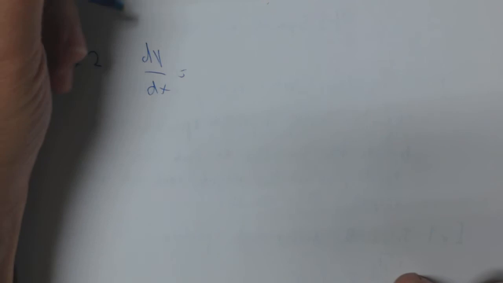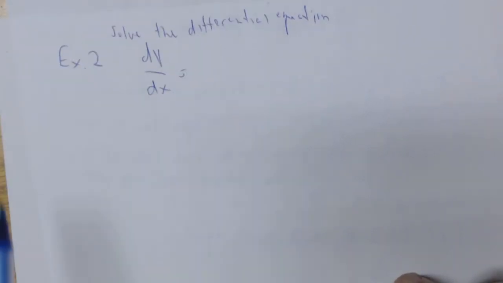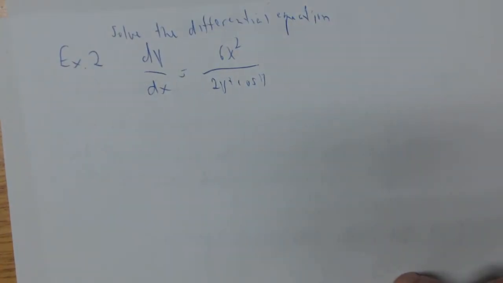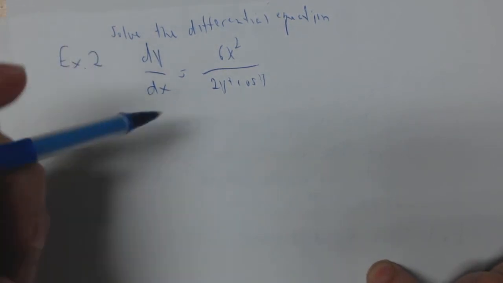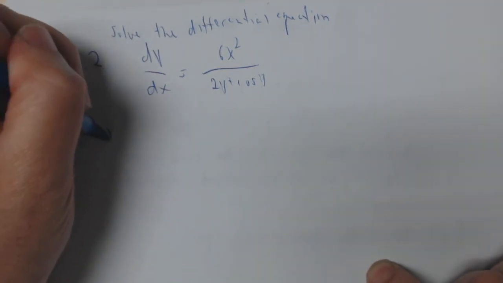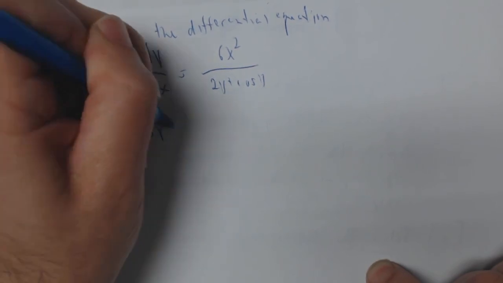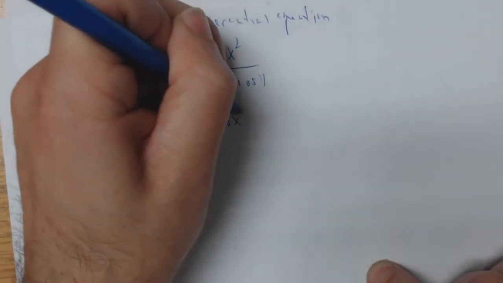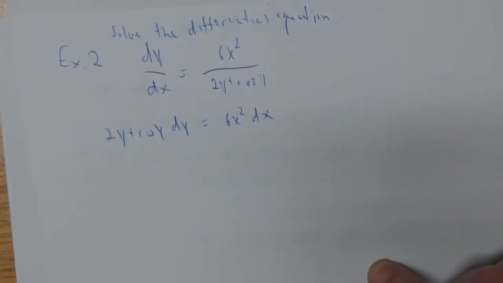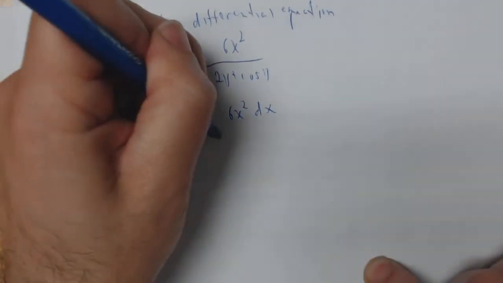So if I said solve the differential equation dy/dx equals 6x squared over 2y plus cosine of y, what we'll get here is that we'll once again separate variables, so that gives me (2y plus cosine of y) dy equals 6x squared dx. And once I separate, now I could integrate each side again.